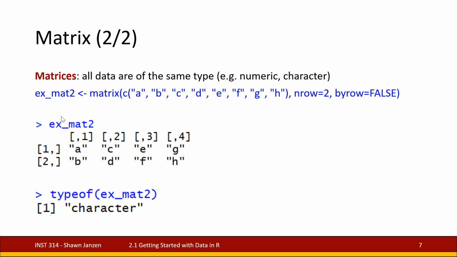That tells the matrix command not to enter the values going across the rows. Instead, in this case, byrow is FALSE because it is entering the values down the columns. If it had said byrow equals TRUE, then it would fill in the values going across the rows rather than down. And note when I call typeof, it tells me that this matrix is full of character values, where the other one was full of integers.